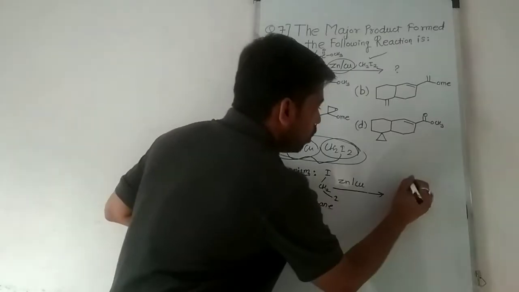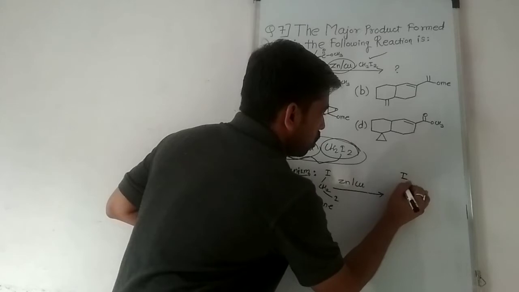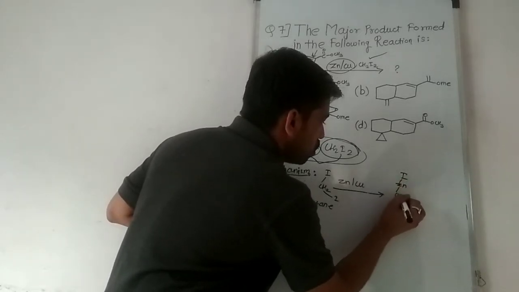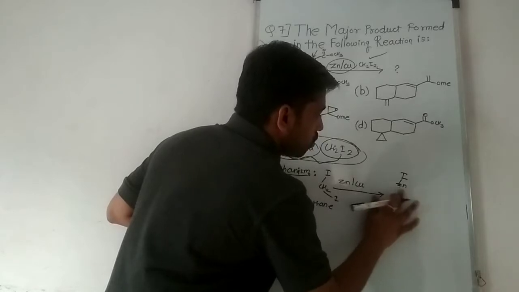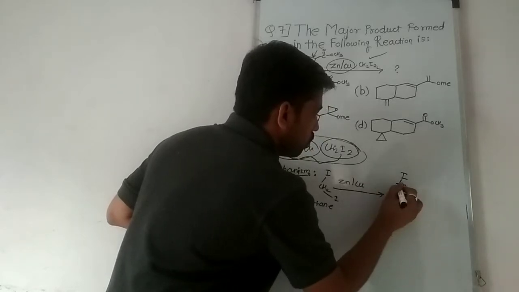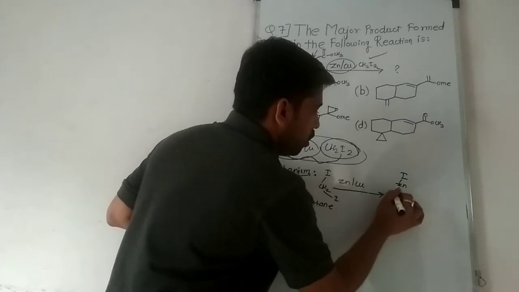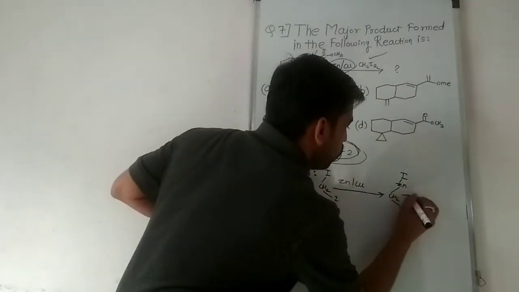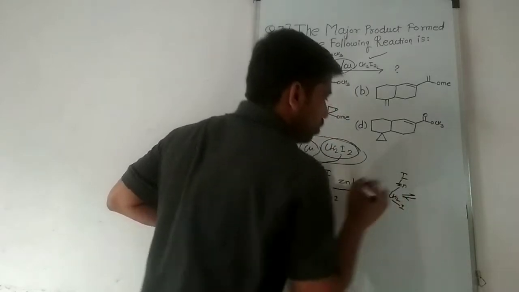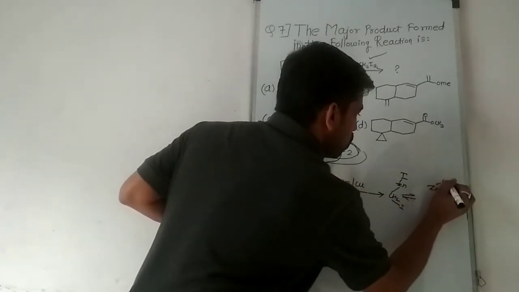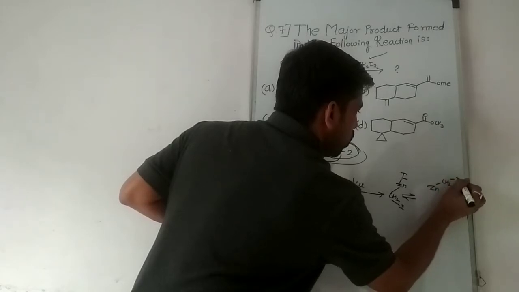Now let's see the insertion of the zinc in between CH2 and iodine. Now this is in equilibrium with the zinc CH2I.